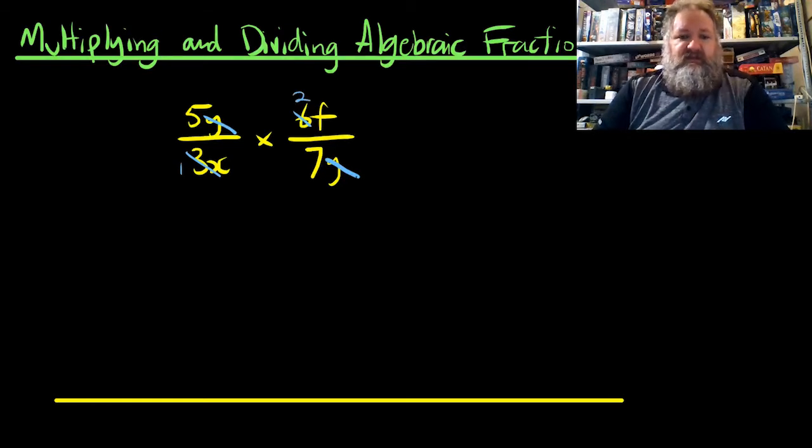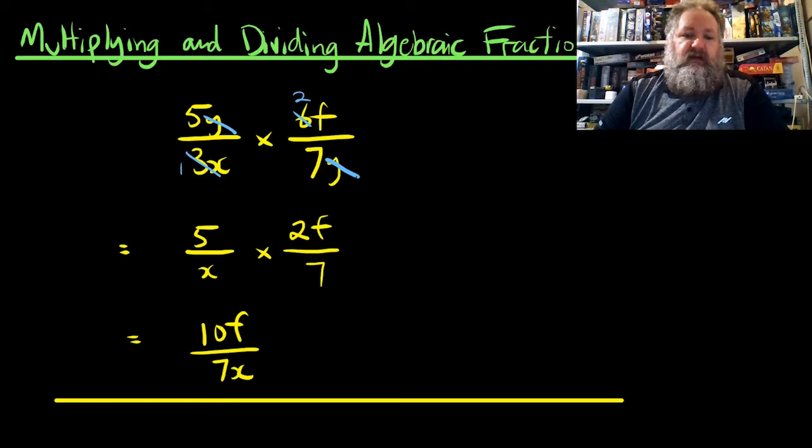So when I come to my next part here, I'm going to end up with a very easy expression to finish. You'll notice that it keeps my numbers pretty small. I've got 5 multiplied by 2f, which will give me 10f, and I have x multiplied by 7, which will give me 7x. Now that's not to say that I couldn't have done it without doing this cancelling in the first instance. It just makes it a lot easier if I do.